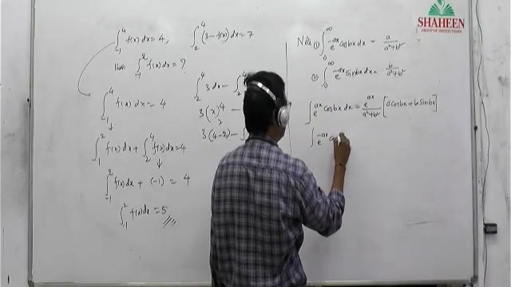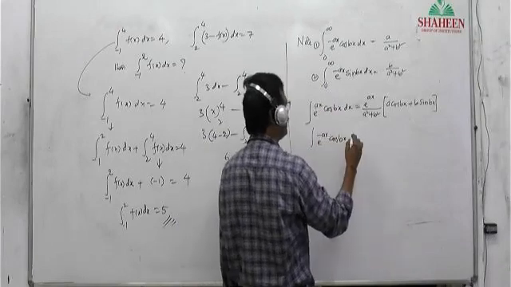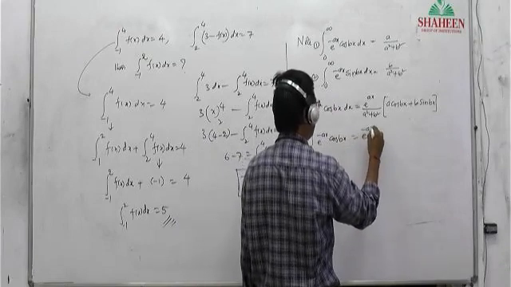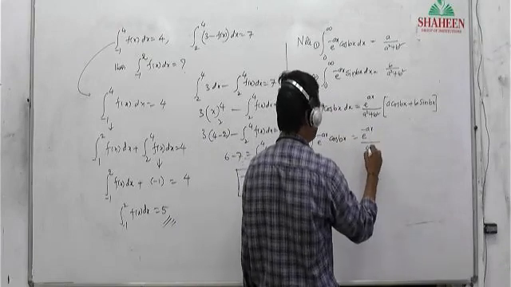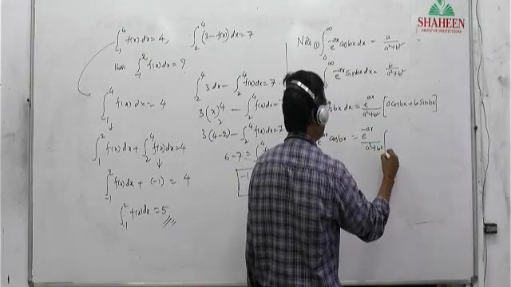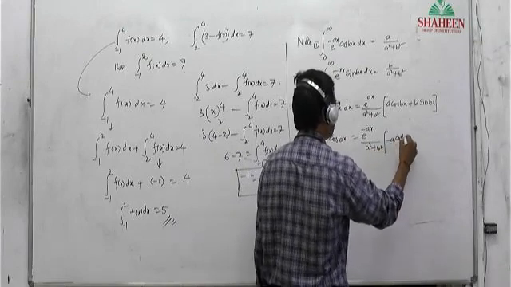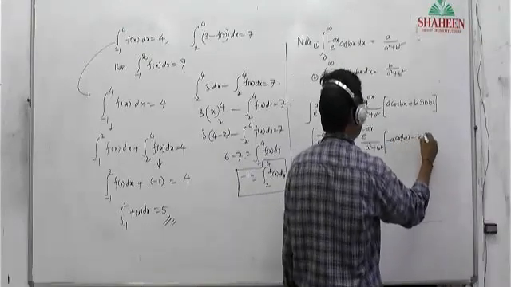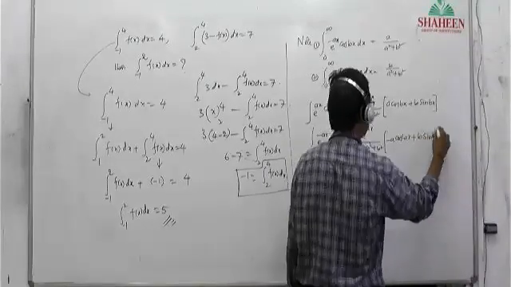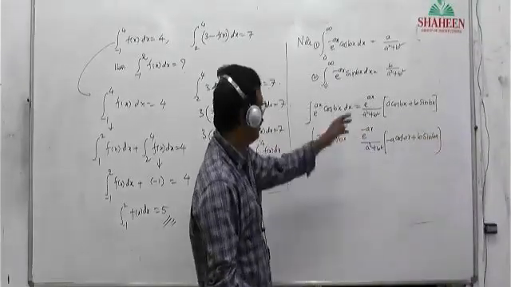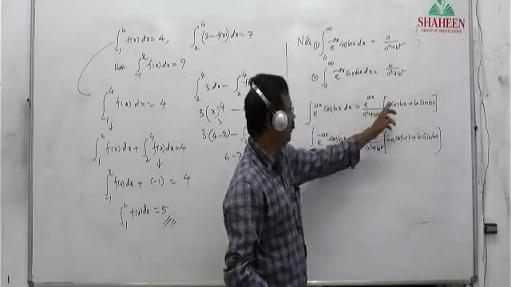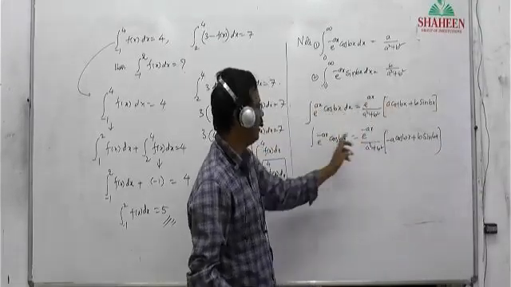Now instead of a, write minus a. For e power minus x, minus a whole square becomes plus only, so we get minus a cos bx plus b sin bx. Able to follow? Now in this, wherever a is there, we are keeping minus a.